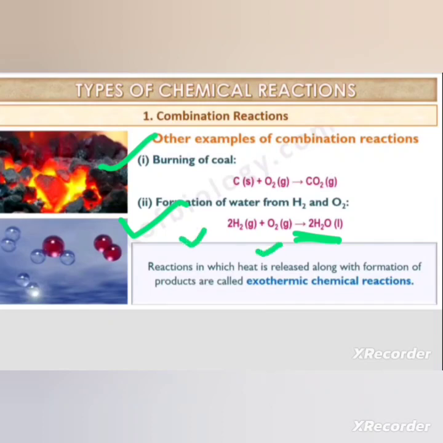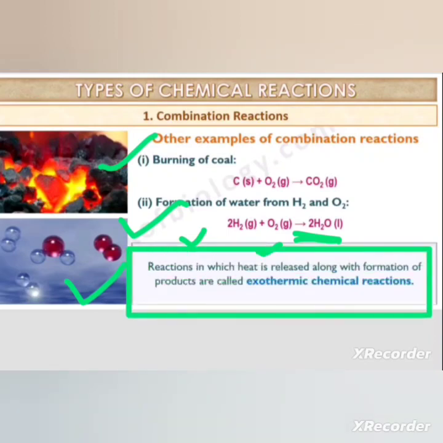So the definition written here is: the reaction in which heat is released along with the formation of the product is called an exothermic chemical reaction. In this reaction, heat is also released along with the formation of the product. As with the name exo, like an exit door, exit means a door to go outside.